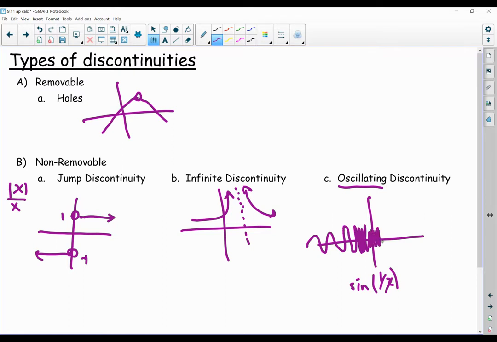Really, what's happening is at this point in the graph, it's oscillating so fast that I can't actually tell where it is. It's kind of like a little electron, just flying around there, and I can't see at 0 what's happening. It's kind of like a WTF situation. What the heck is actually happening there?